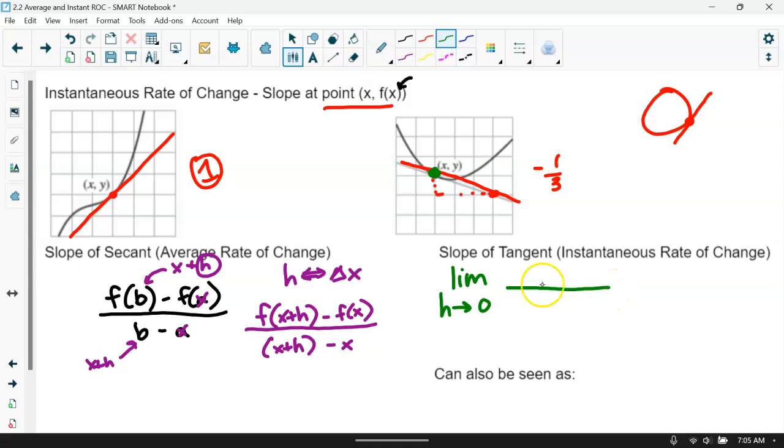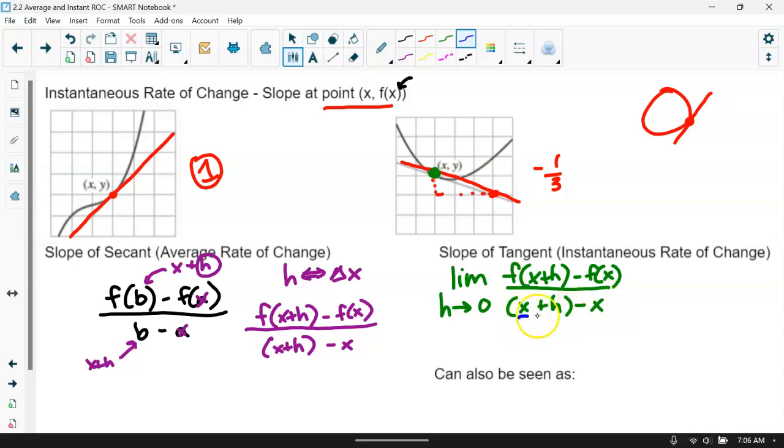Then we have our function f of x plus h minus f of x over x plus h minus x. Now notice, in the denominator, we can simplify this because it's just x plus h minus x.